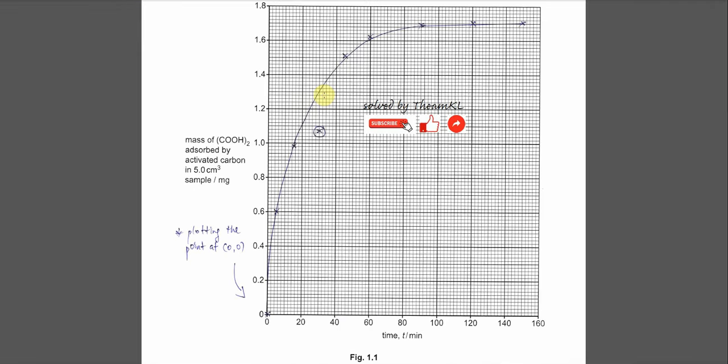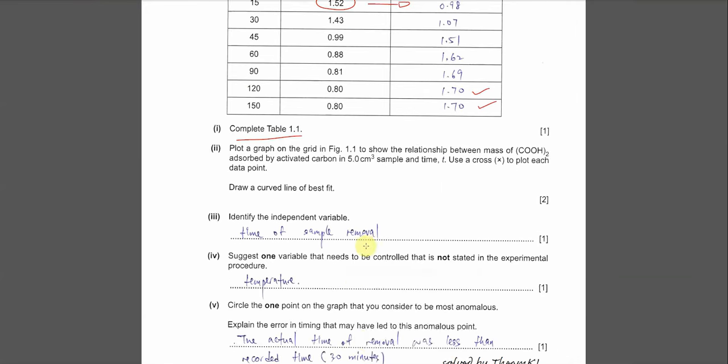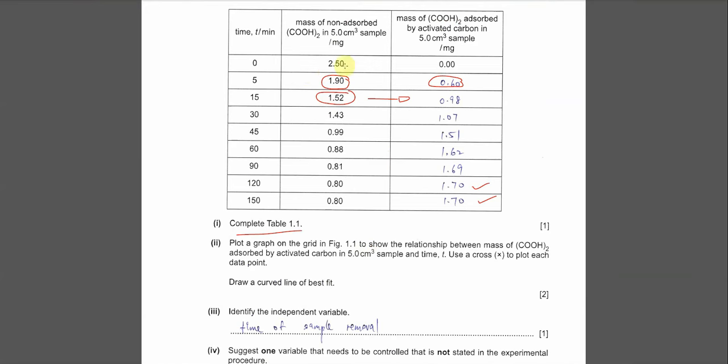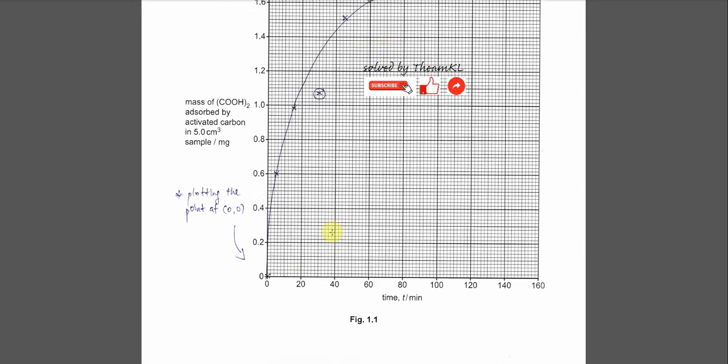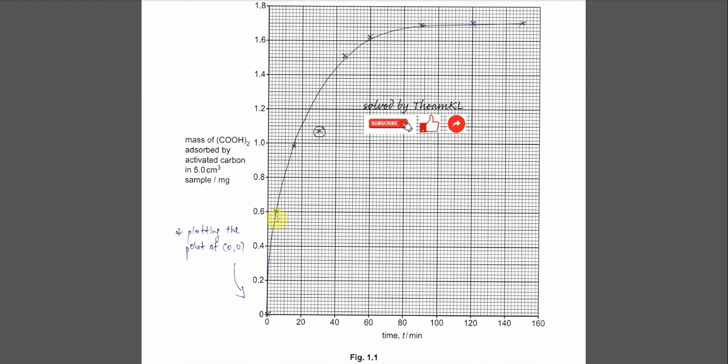When you plot, one important part is do not forget this one, because in the table just now there is one point here, 0.00. When it started, t equals 0, so it's 0.00. Make sure you plot here as well. Then you just follow the table.